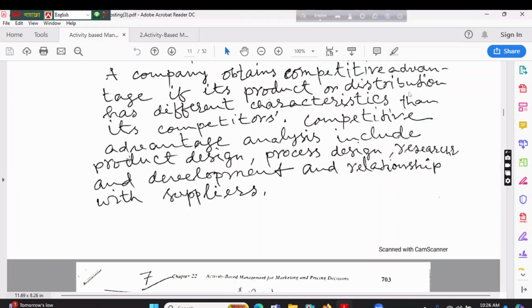Step one, define activities, activity cost pools, and activity measures. Activity measures means cost drivers.